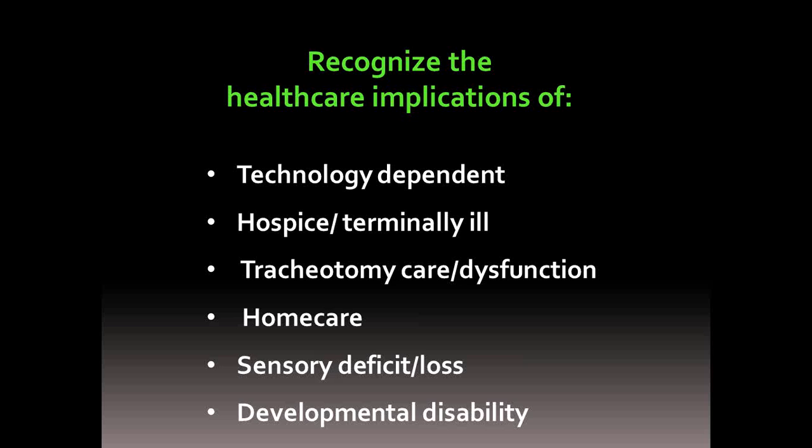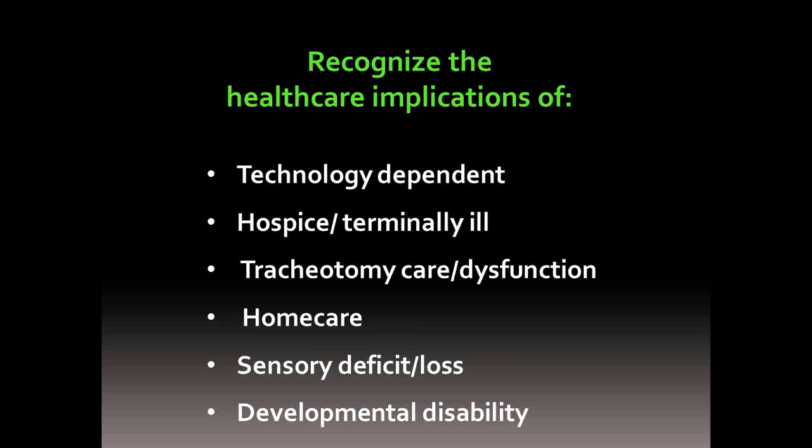So we've got patients that are technologically dependent. They're dependent on a ventilator. They're dependent on a balloon pump. They're dependent on some type of technology or device to live. We're dealing with patients that are living in a home. They're on hospice. They're terminally ill. And we'll talk about that in just a little bit.